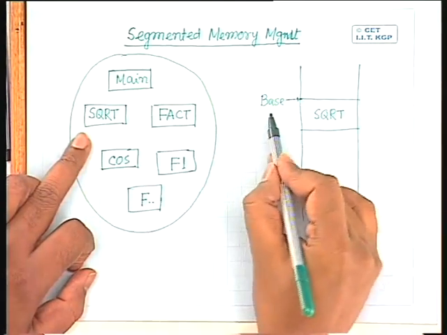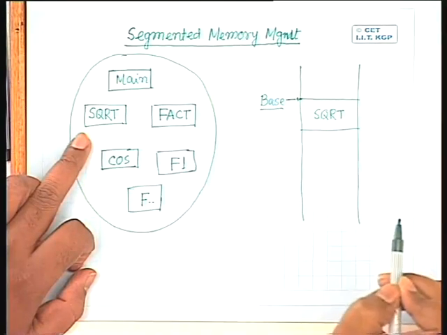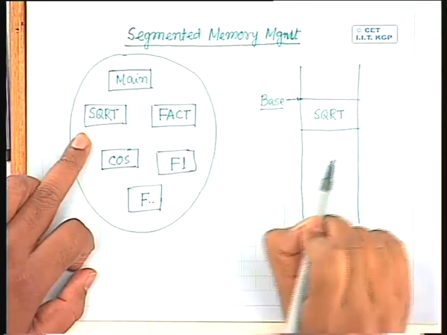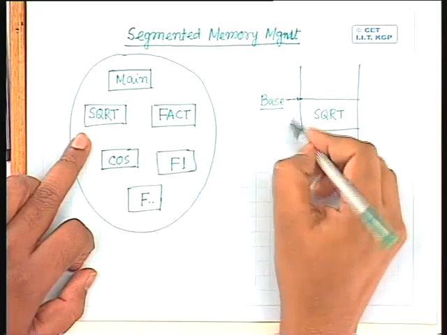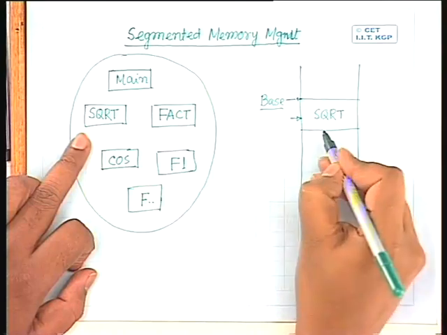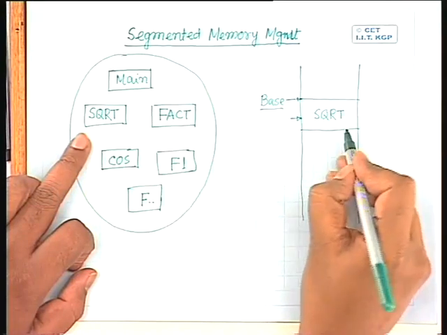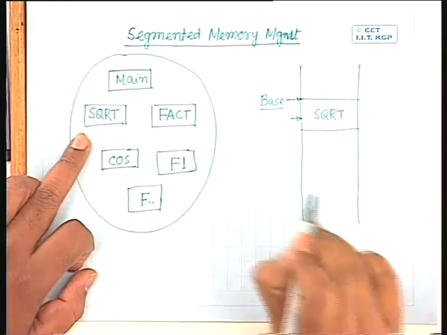Okay, so once we know what is the base address of a particular segment and what is the offset within that segment, if you add the offset to this base address, I can come to the physical address of the main memory, which contains the desired instruction or the desired data which is requested by the CPU.